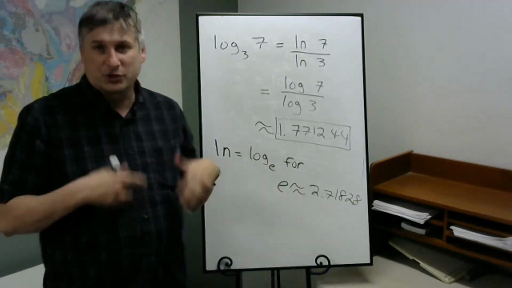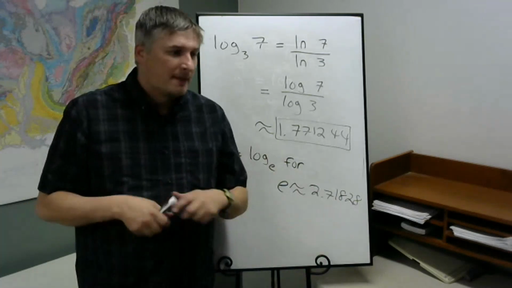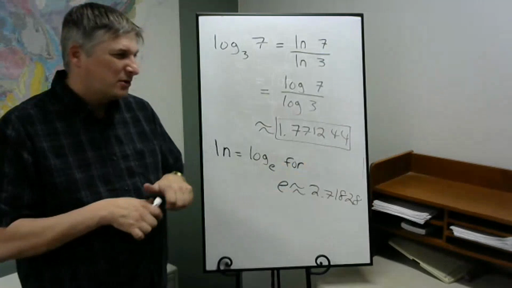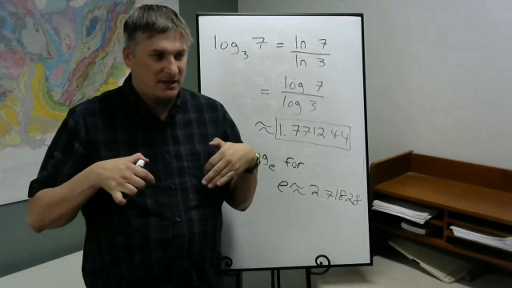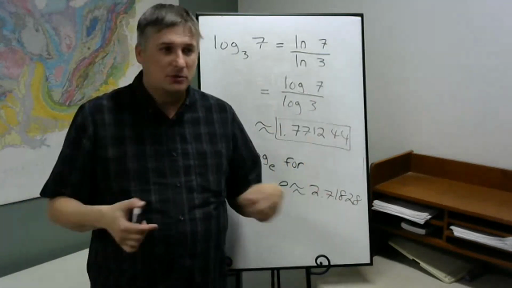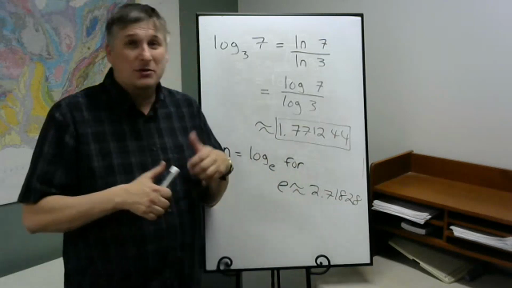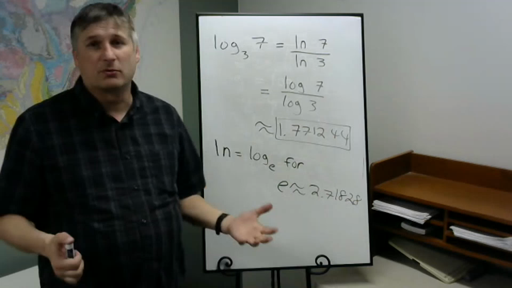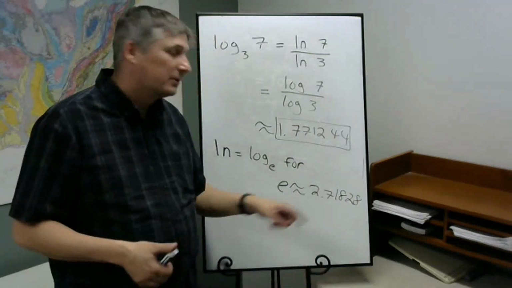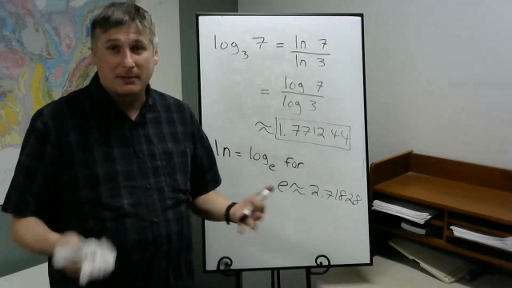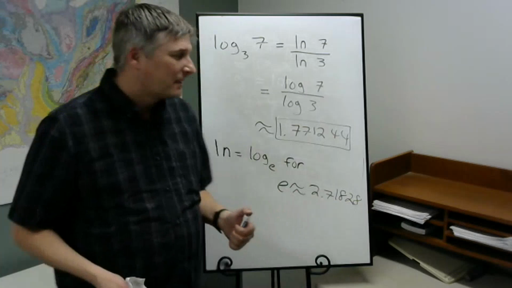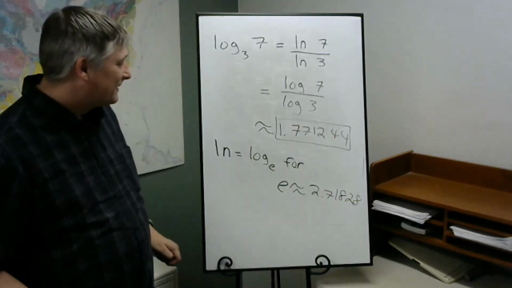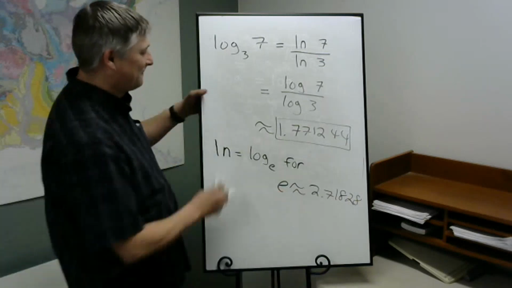You can compound or charge interest on a loan throughout the year if you want. You don't just have to wait to the end of the year. So you can compound, say, monthly, you can compound daily, or you can compound all the time. And when you do that, you use a special formula that uses this number E. And if we have time, I'll show you how you get that. You have to use an idea called a limit, which you're going to be studying in the next chapter. So there we go.